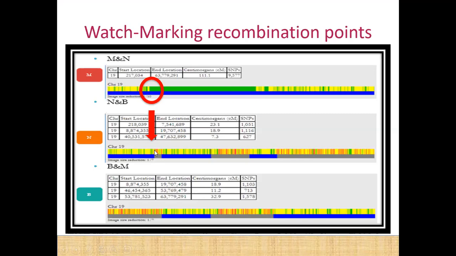But right here, that blue bar on the bottom stops and it's replaced by this gray-brown bar. So we know there was a change there because that gray bar on the bottom indicates no match.